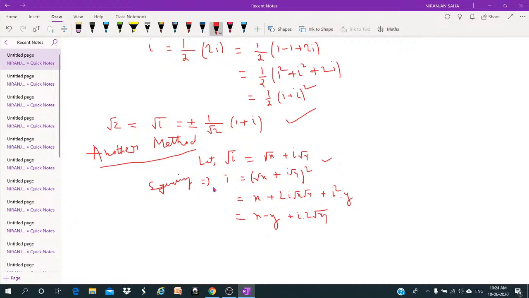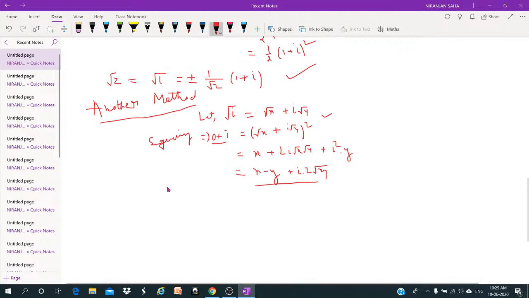Now the real part and the imaginary part both are equal, so we equate the real and imaginary parts.